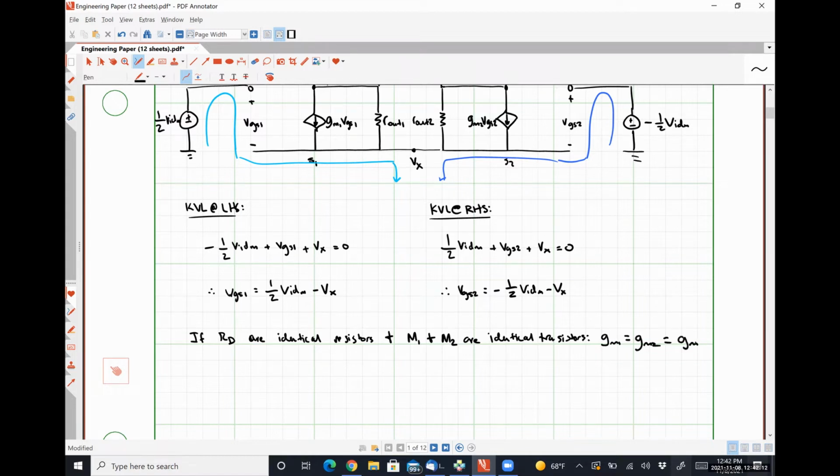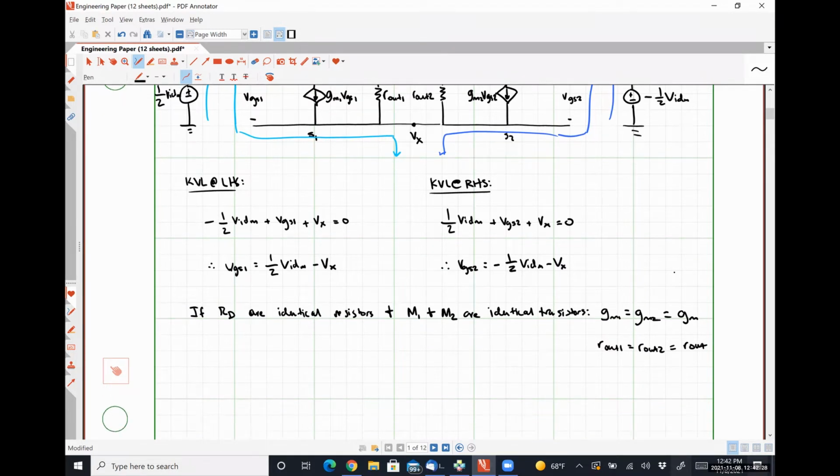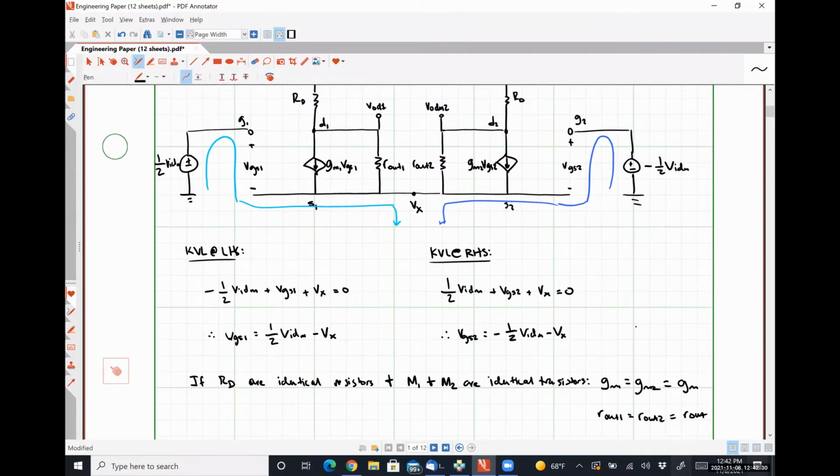So let's just call that gm. And we should see that rout1 is equal to rout2. Let's just call that rout. And so I'm going to apply Kirchhoff's current law at node X. So I'm going to say that I have this current flowing into node X, this current flowing into node X, this current flowing into node X, and this current flowing into node X.